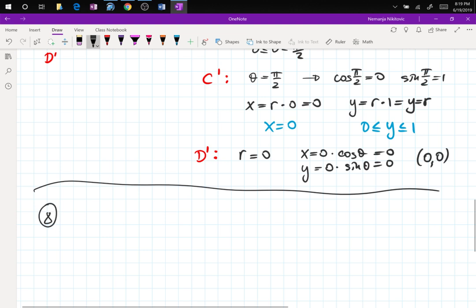Problem 8. Transformation that is given to us is x equals 2u plus v. This is the ones that you will be staring at all the time. And y equals 2u. That's the transformation.